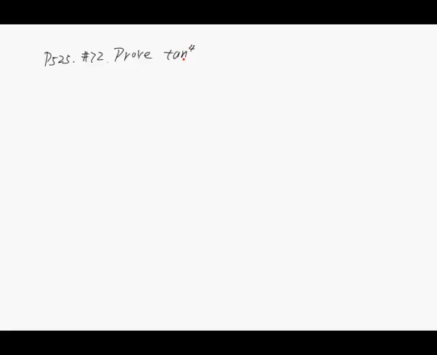Tangent to the fourth power of z equals secant square of z minus the cosecant square of z, plus cosecant square of z times the cosine square of z, divided by cotangent square of z.